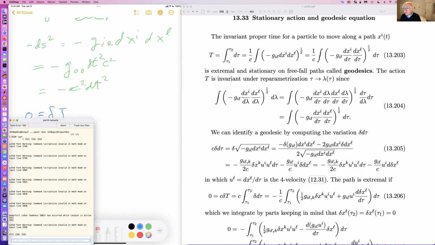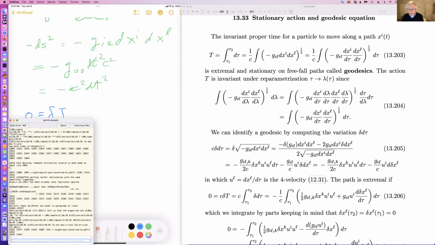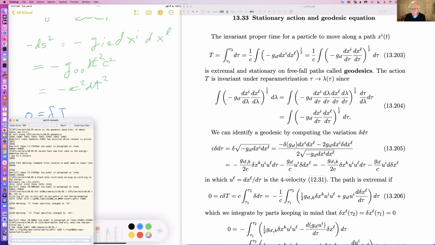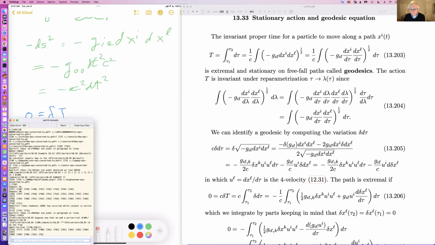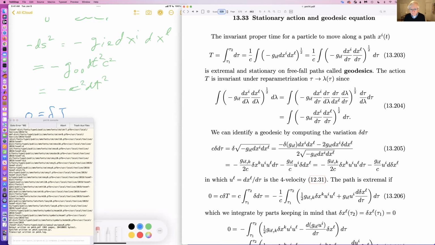So let's just see if I've done that right now. One of the problems with TeX is that the equations look so good on the screen that you think they're automatically right. So this is d/d lambda, then d/d tau d lambda, and dx^j. Oh God, I inverted the wrong one here. Sorry.